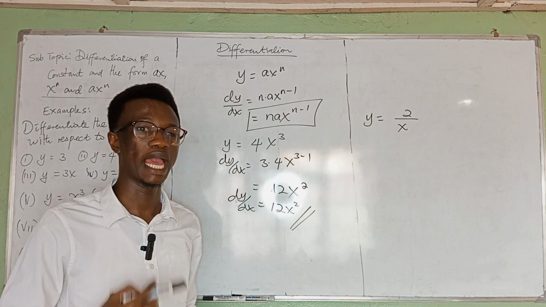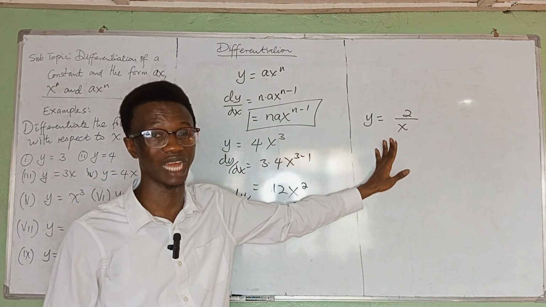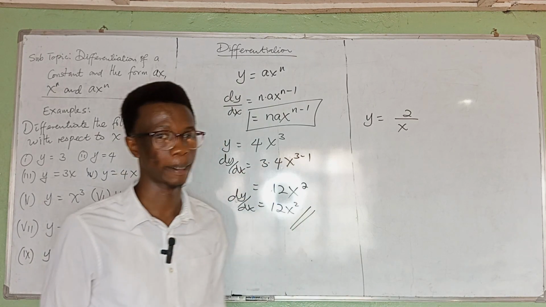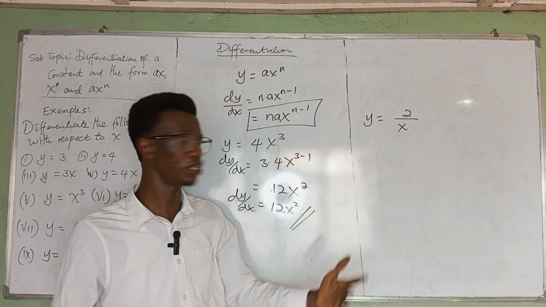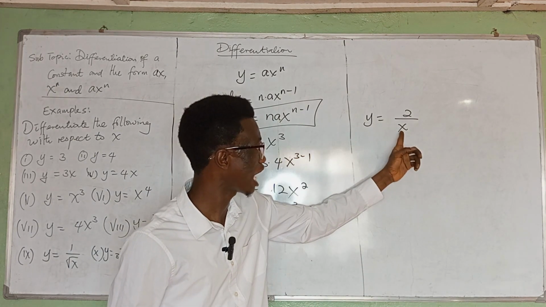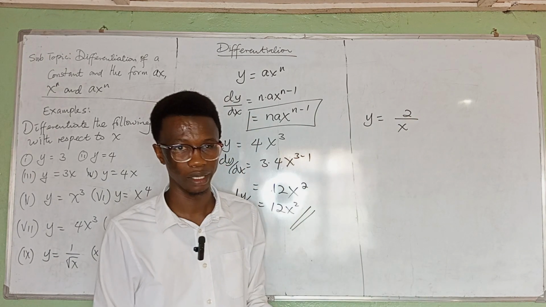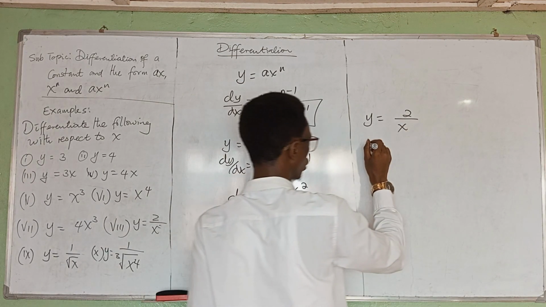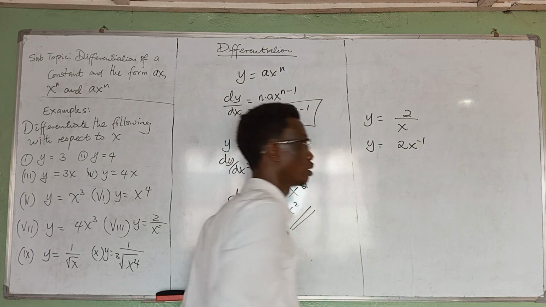Most often, it becomes very difficult for you to solve it directly this way. So what you have to do is play with your indices. It means that you first have to take this one and turn this fraction into a whole number by giving a negative to the power. You know, this can also be written as 2x raised to the power minus 1.